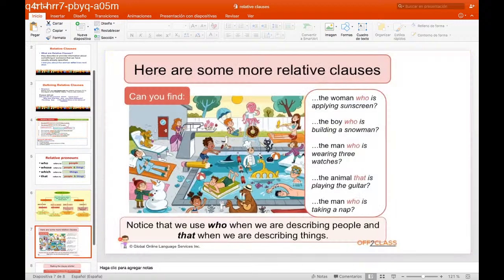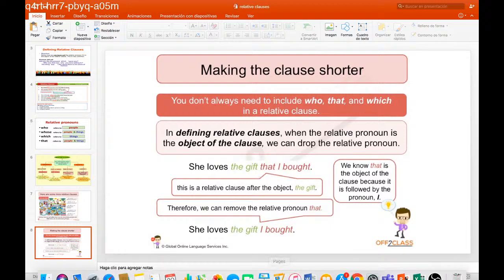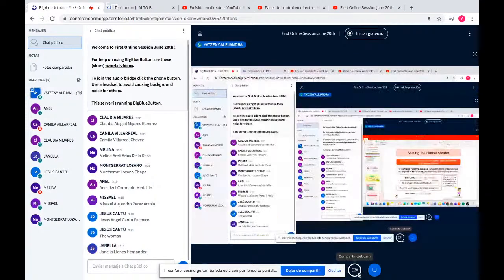That's it, okay? Over here, we have some examples of using who, that, and which, and how it works. Till here, is it okay for you? Do you have any question about the relative clauses?